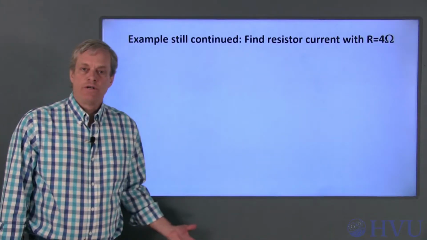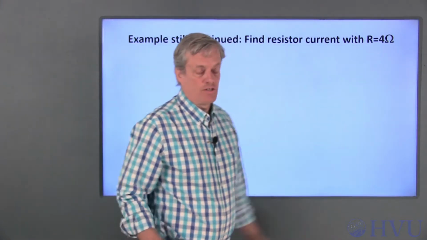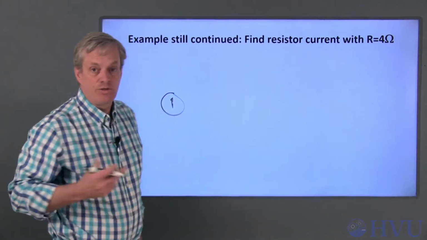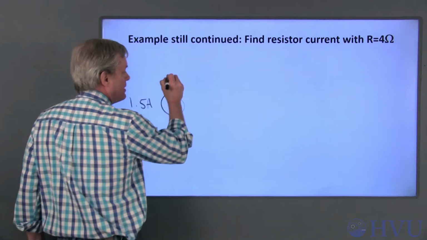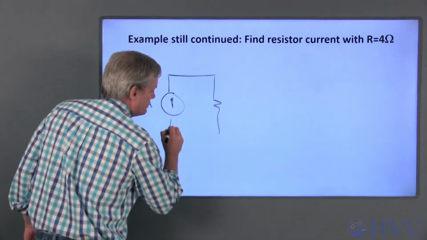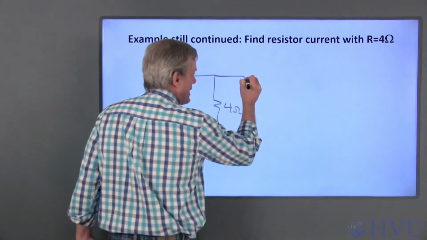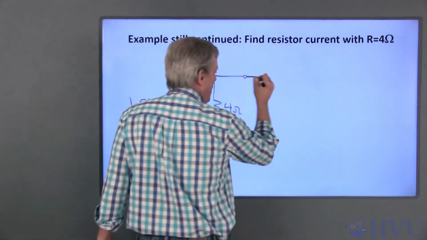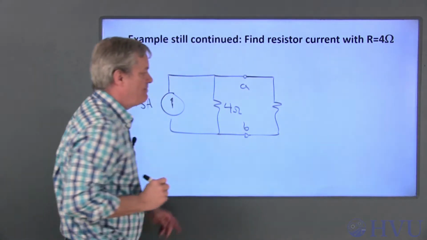Now let's use the Norton equivalent circuit we found to find the resistor current when the resistance is 4 ohms. Our Norton equivalent circuit is a current source whose current is ISC, or 1.5 amps, in parallel with a Thevenin resistance, which is 4 ohms. Then I reconnect my resistance R across these terminals. These are still my terminals AB.